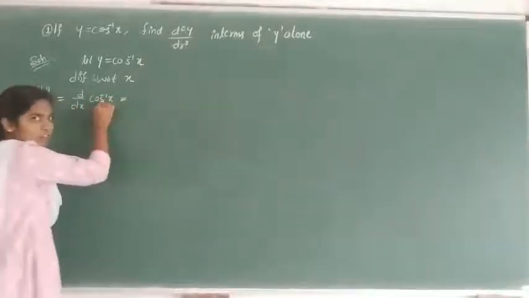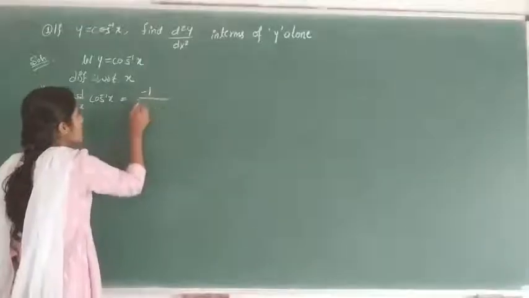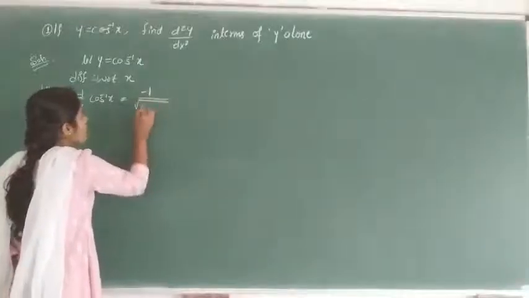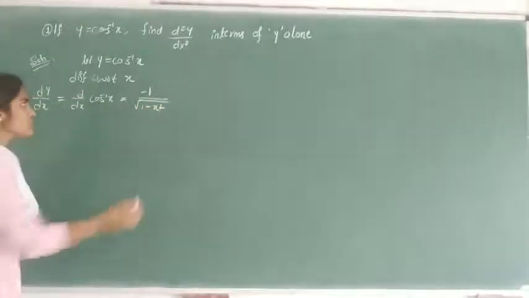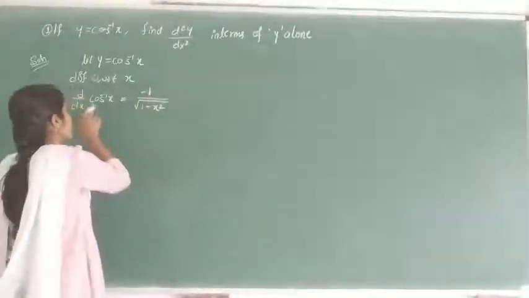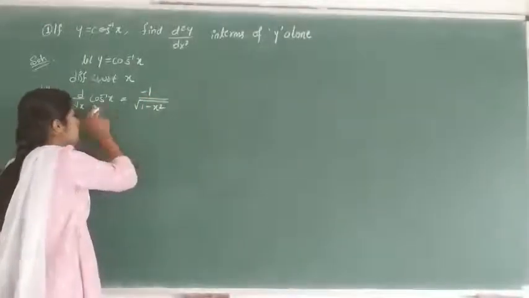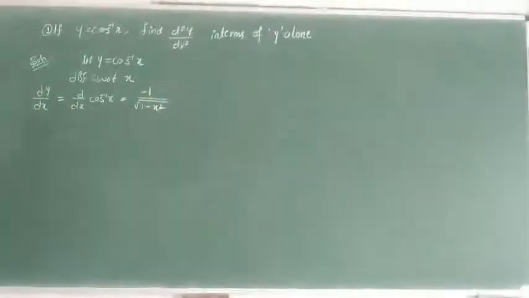What is the derivative of cos inverse x? That is minus 1 divided by square root of 1 minus x square. The derivative of sin inverse x is plus 1 divided by square root of 1 minus x square, but the derivative of cos inverse x is minus 1 divided by square root of 1 minus x square.